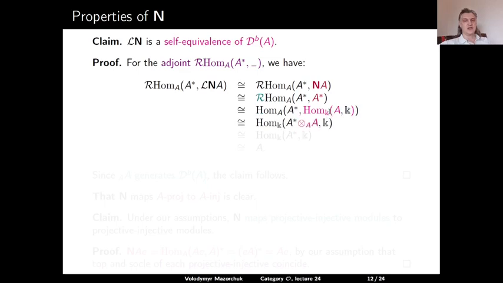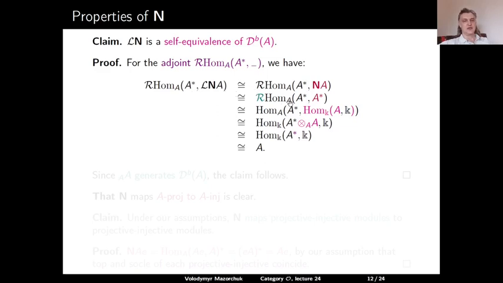Now, using the usual adjunction, we can move over this hom over K from A to the left argument as a tensor product. And of course, tensoring over A with A is the identity. And here now we can remove the double dual to obtain A. So starting from A and applying first the Nakayama functor and then its adjoint, we get A. So this essentially implies that the Nakayama functor and the adjoint are inverses to each other from one side.